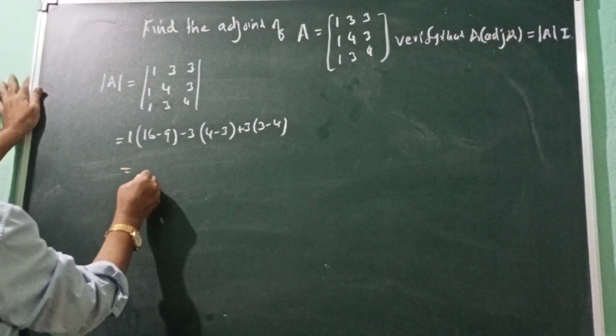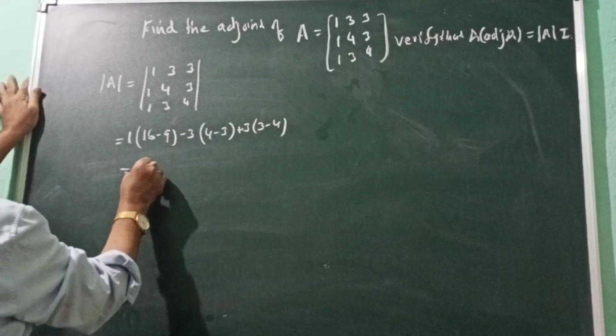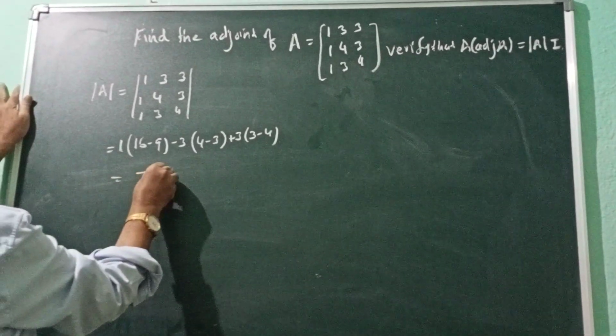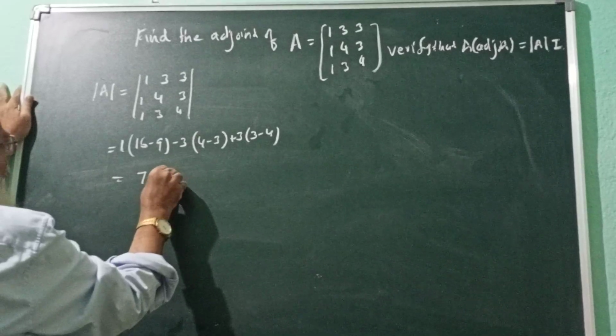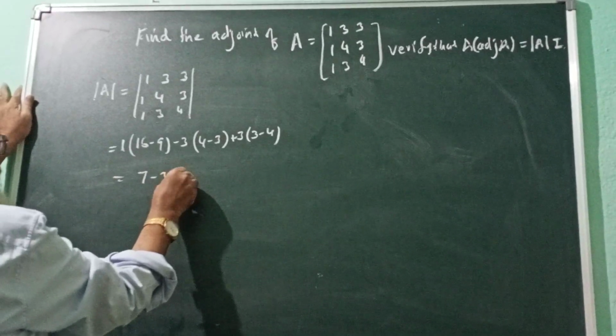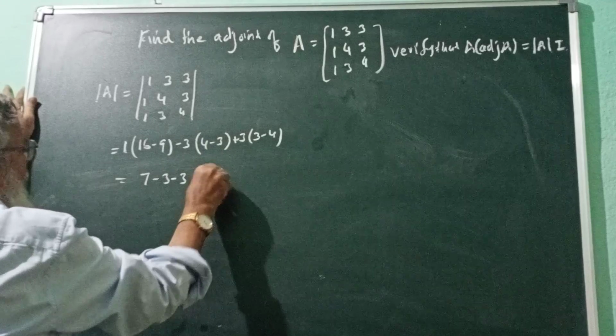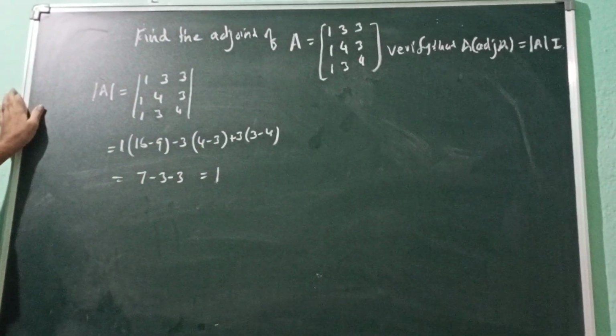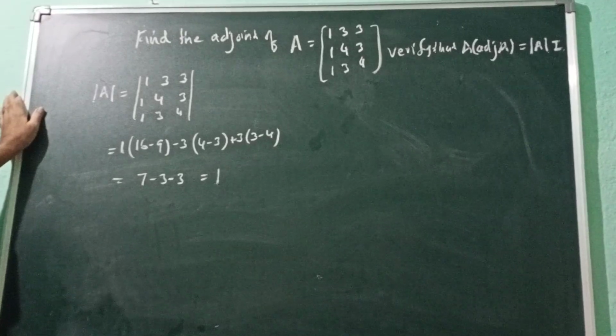So it is 7 minus 3 minus 3, that is equal to 1. So this is the value of the determinant of A.